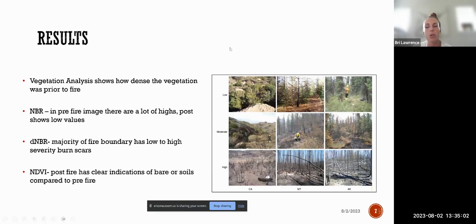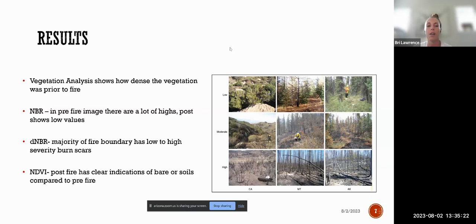I'm going to show you all my results, but first a quick synopsis. My vegetation analysis shows how dense the vegetation was prior to the fire. In the NBR, the pre-fire image had a lot of highs and the post-fire shows a lot of low values.